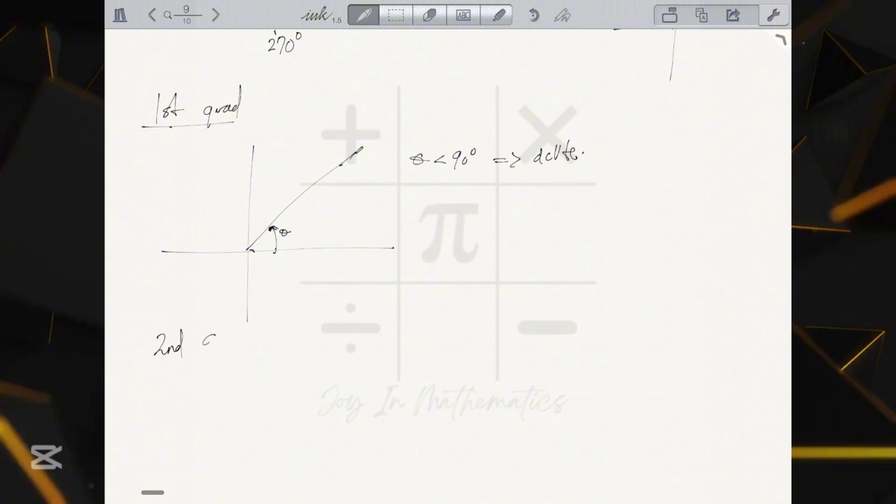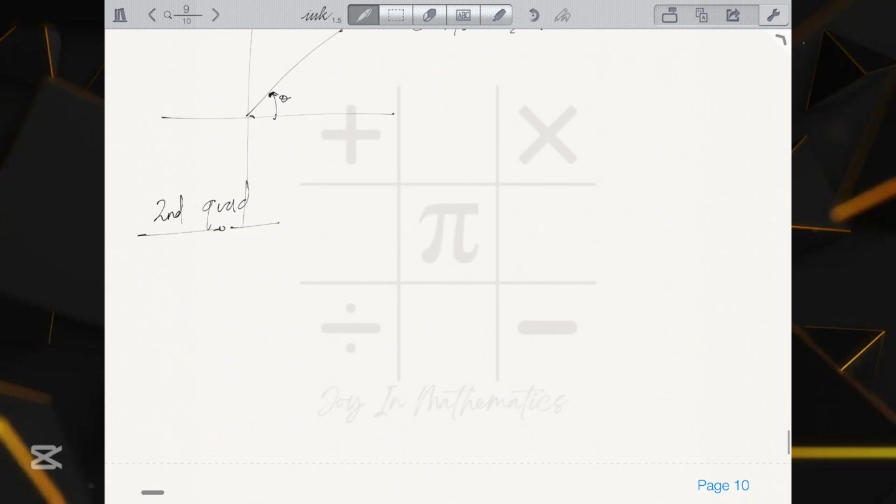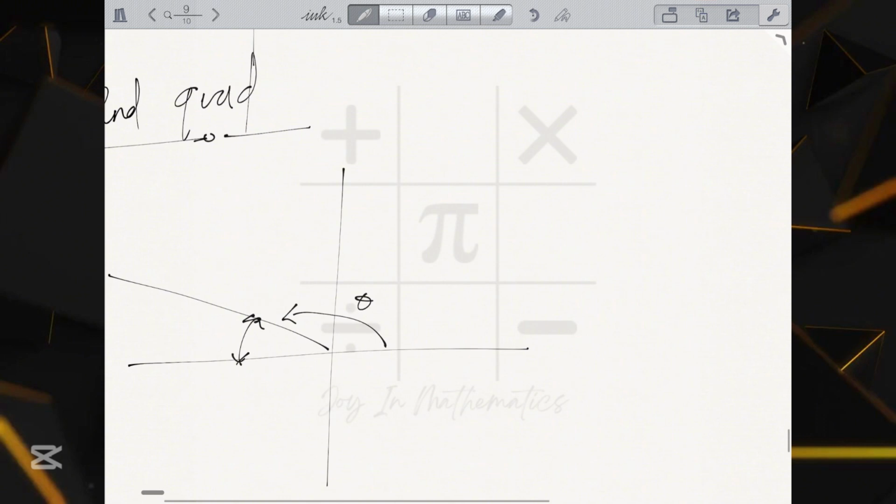Let's look at the second quadrant. If we have an angle represented in the second quadrant and we call it angle theta, we are looking for the relative acute angle. Let's use x.